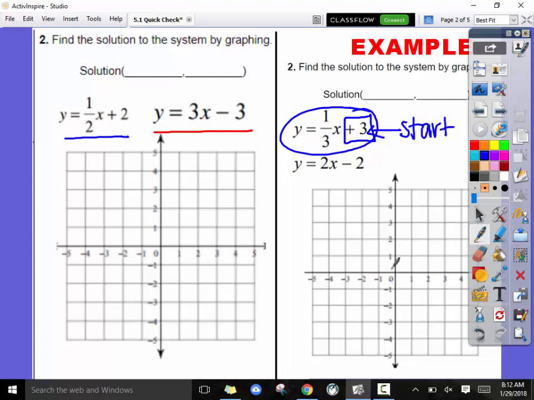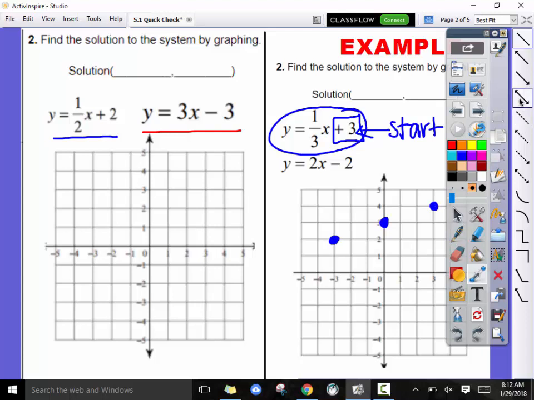That's your y-intercept, so I start at 3. My slope is 1/3, which means rise 1, run 3. It's a positive slope, so it should be going upwards this way. Rise 1, run 3. Then go backwards: down 1, backwards 3. Draw your line and be super accurate when you draw that line.